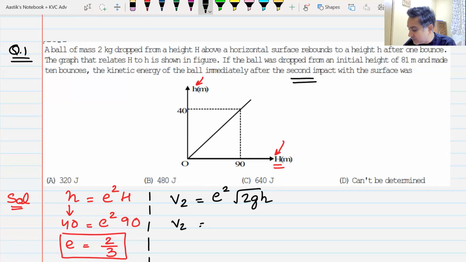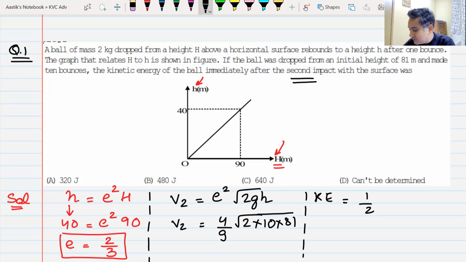So v2 will become 4 by 9 into root of 2 into 10 into 81. But you don't have to find this. You have to find the kinetic energy. So what is the kinetic energy? Half m v2 square.